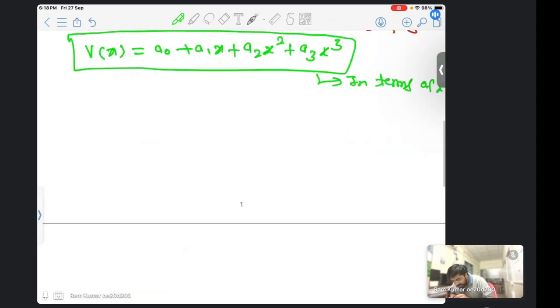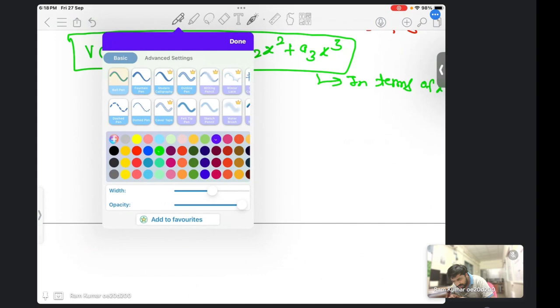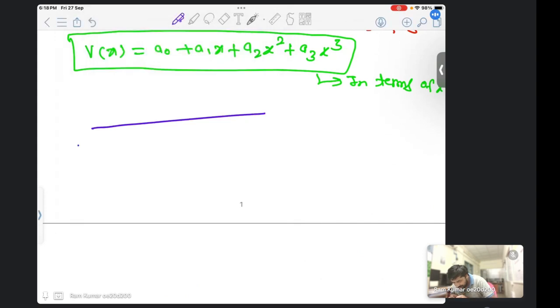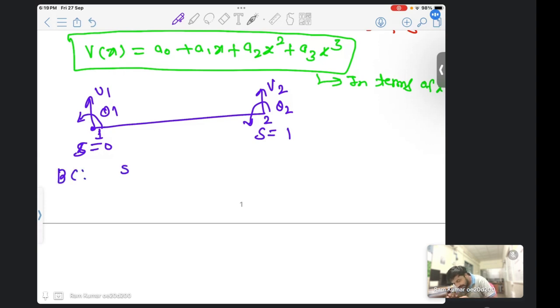So this is our new element, with s equal to 0 and s equal to 1. Node 1 has two degrees of freedom, V1 and theta 1, and node 2 has V2 and theta 2. So the boundary conditions: at s equal to 0, v(s) will be V1.